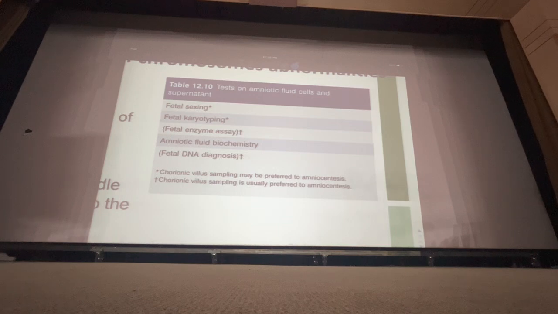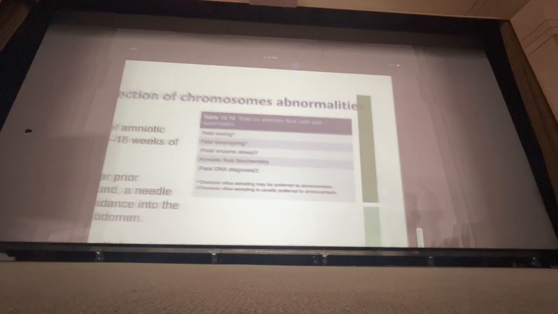Then we also have fetal DNA diagnosis for certain genetic defects, not chromosomal, but genetic. So we can do a lot of investigations in these.